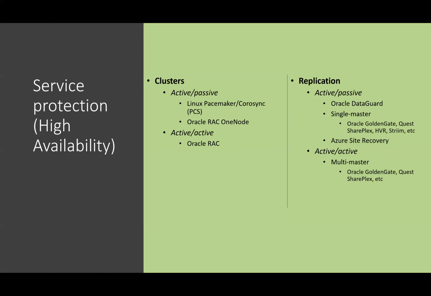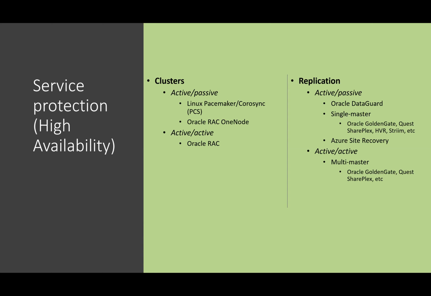So we've got on the cluster side a couple different options, such as Linux Pacemaker Corosync, which is the descendant of all those HA clustering solutions you're familiar with from years ago, like Veritas VCS, HP ServiceGuard, IBM HACMP, etc. Linux Pacemaker Corosync is the descendant of those for Linux.